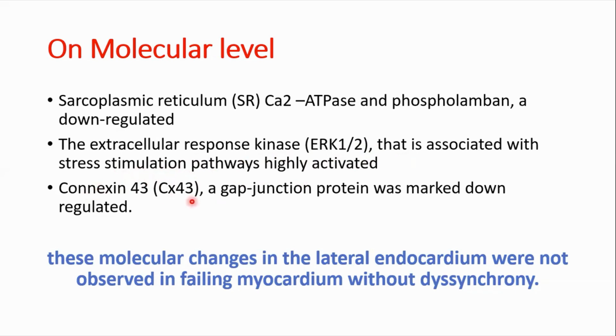Also, connexin 43, which is a gap junction protein, is markedly downregulated. So there is a decrease in contractility, an increase in wall stress, and a decrease in gap junctions and slowed conduction.